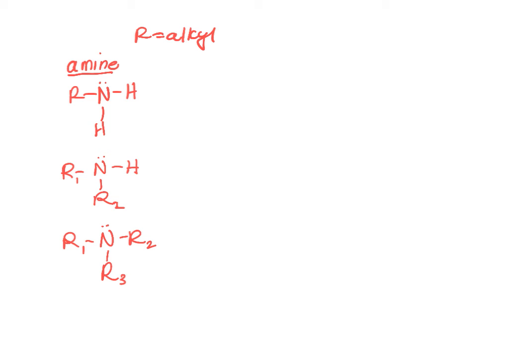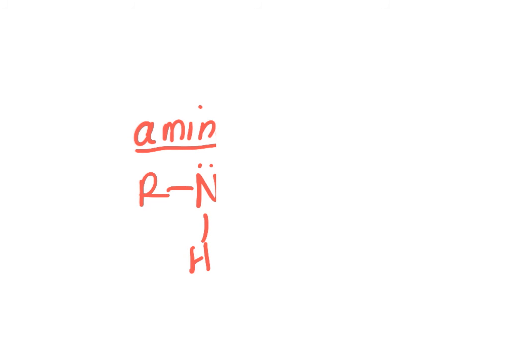If you have a nitrogen with 2 R groups, and you can see I designated one R1 and R2, that means they're alkyl. They could be the same or they could be different. This would be a secondary amine. The third structure I have a nitrogen with 3 R groups attached to it. This would be a tertiary amine. So all of these representations in a molecule would be classified as an amine.